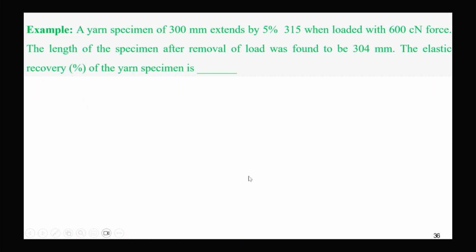Next, similar numerical: a yarn specimen of 300 millimeter extended by 5%, that is, it will become 315 millimeter when loaded with 5%.